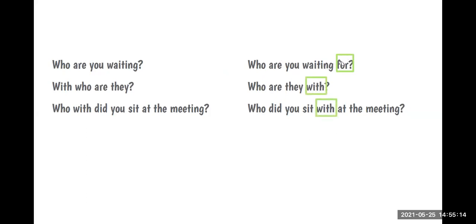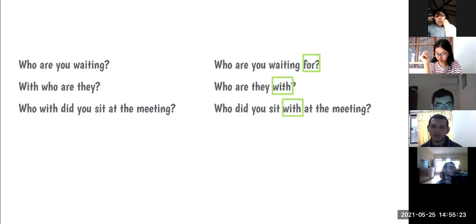How do we call for, with? What are these words? Any ideas? Connectors? Connectors, yes. No, not exactly.